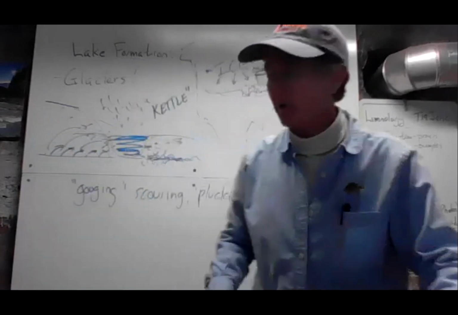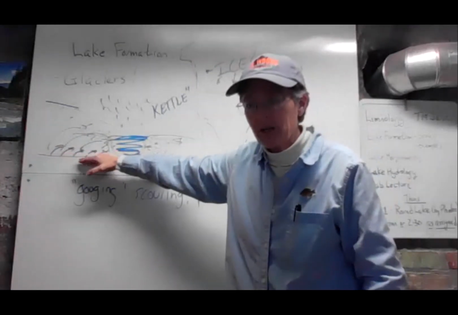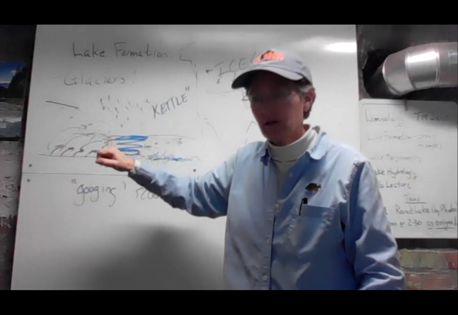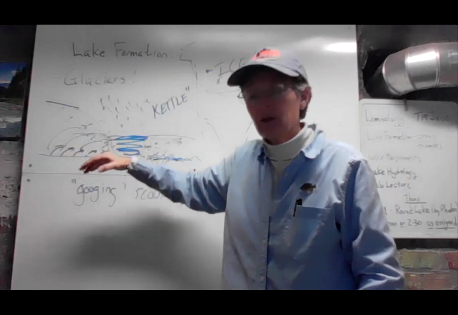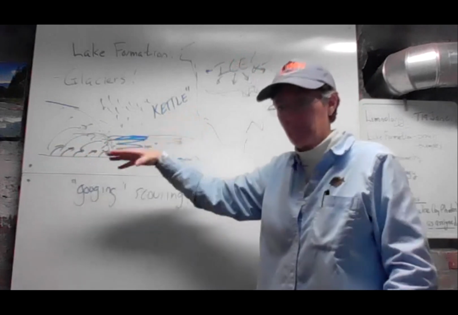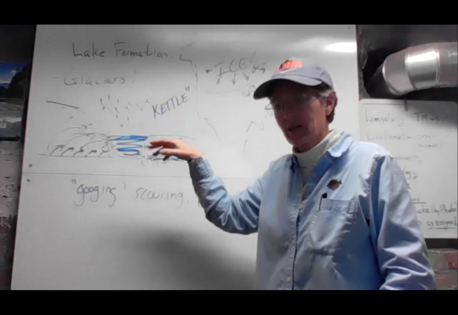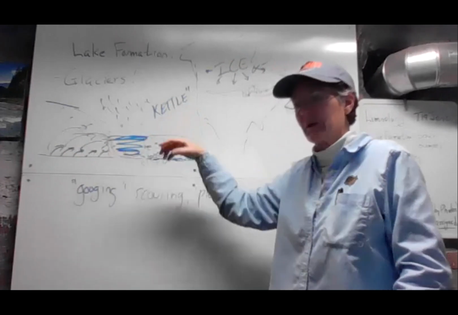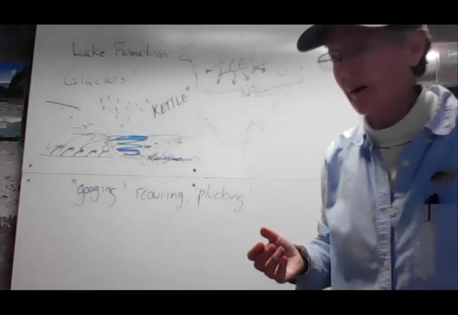If, for example, the glacier is sliding forward, and at the base of the glacier it has frozen to the rock, and the rock is not strong, then as the glacier slides forward, it might pull up pieces of the rock, not just grinding it down a centimeter at a time, but actually pluck a whole piece of rock out. Not common. People get excited when they find evidence of that.